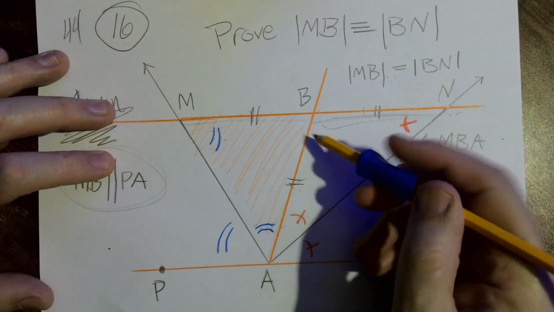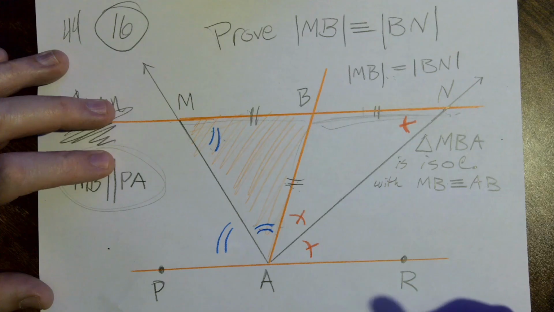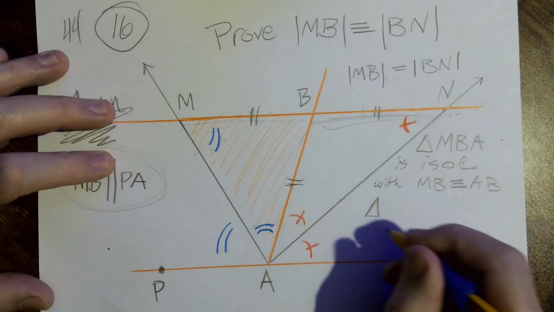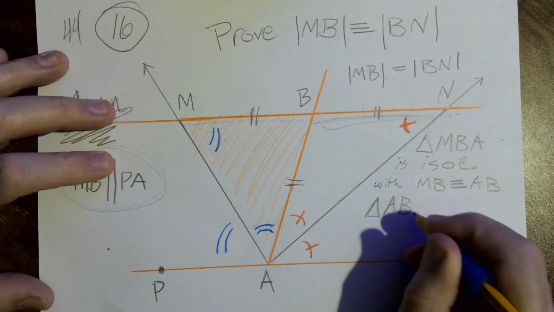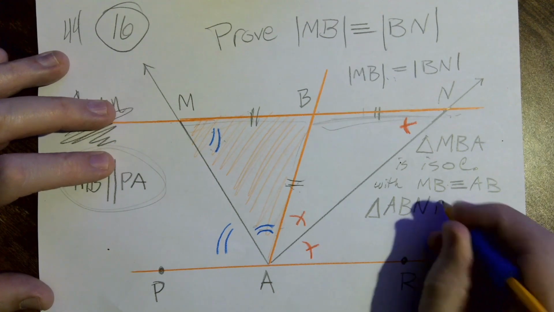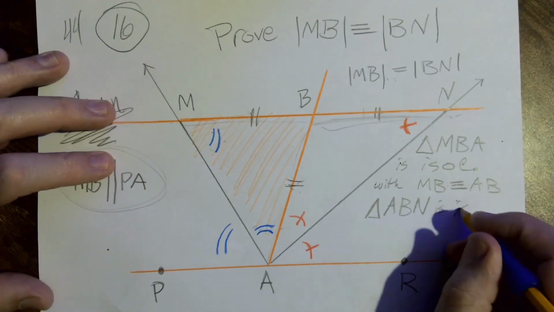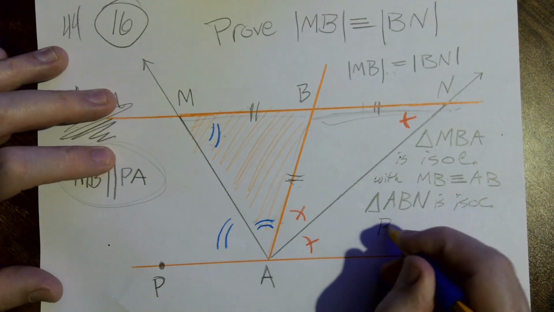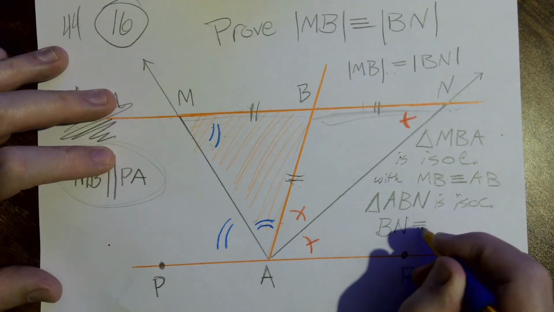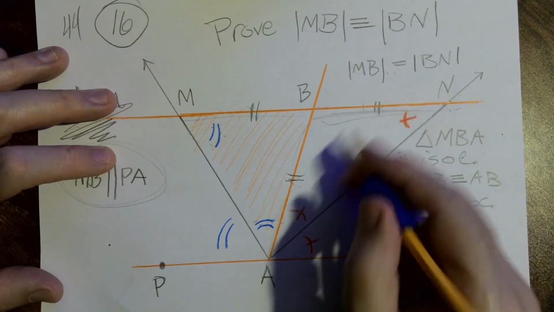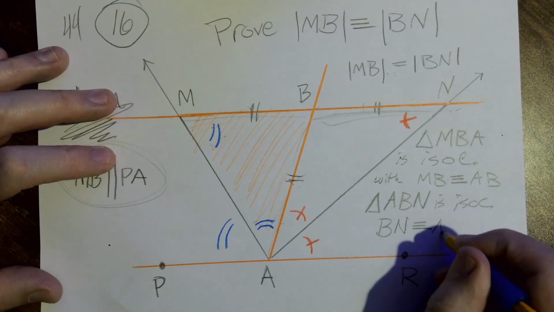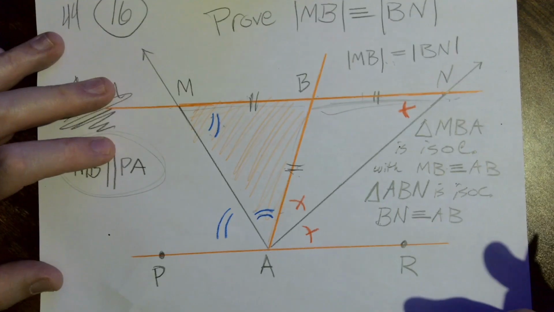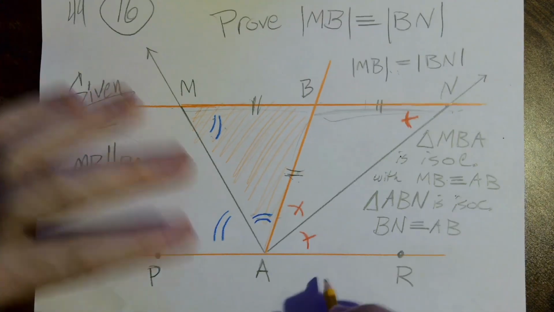Here's MB congruent to AB. We also have trigon ABN. Trigon ABN is isosceles, and BN is congruent to AB.